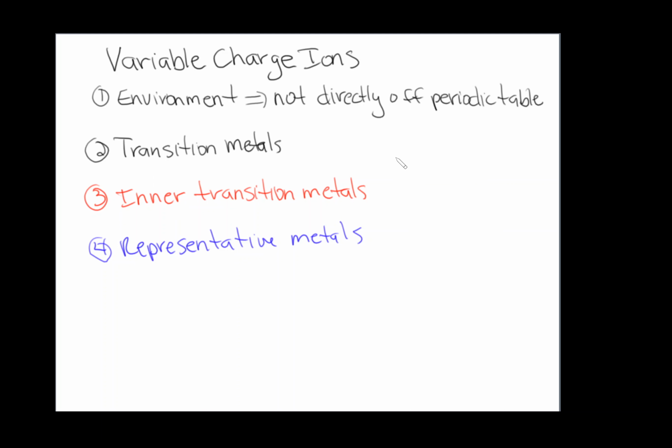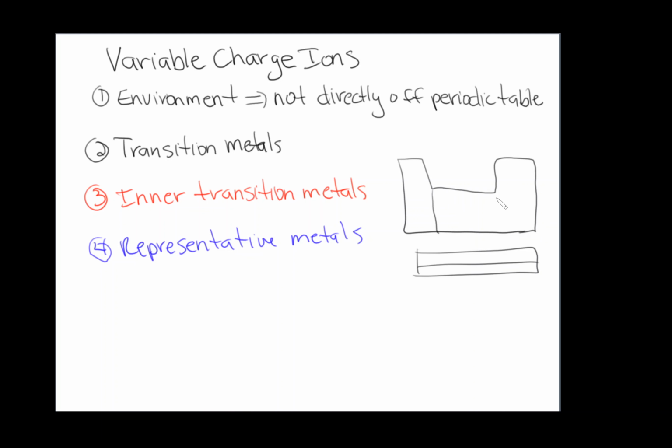And let me just draw a very terrible periodic table. All right. The transition metals are right here. The inner transition metals are the actinides and lanthanides.